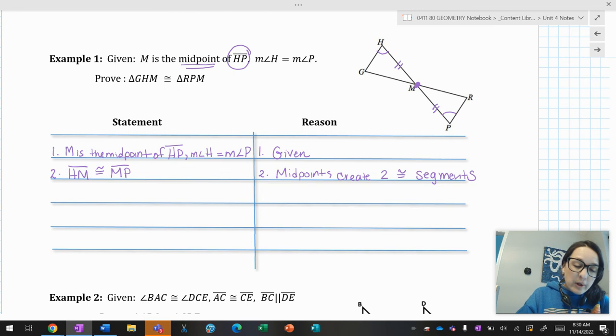Then the fact that angle H equals angle P doesn't really lead me anywhere else right now.